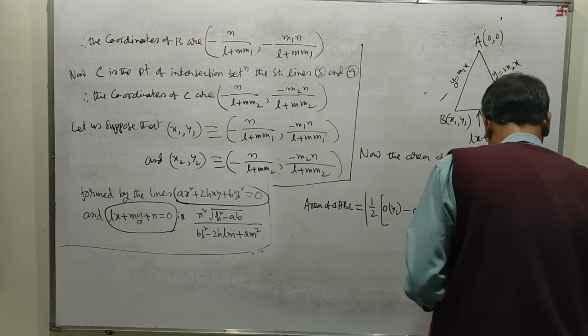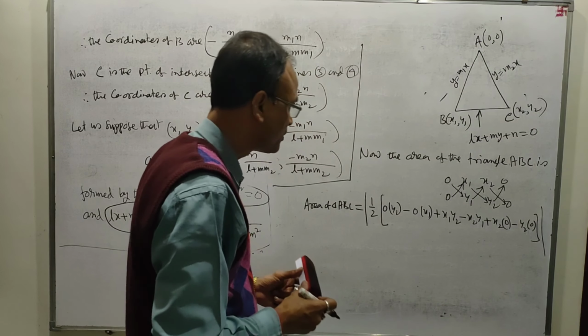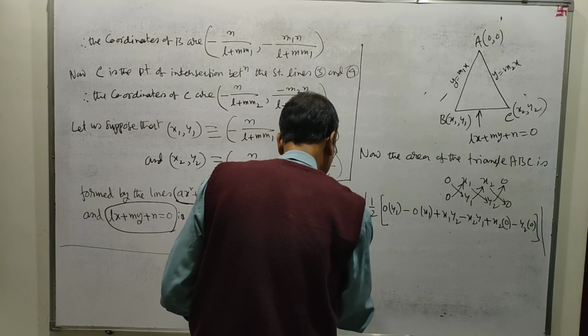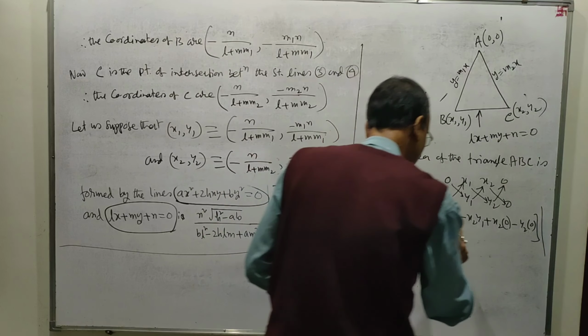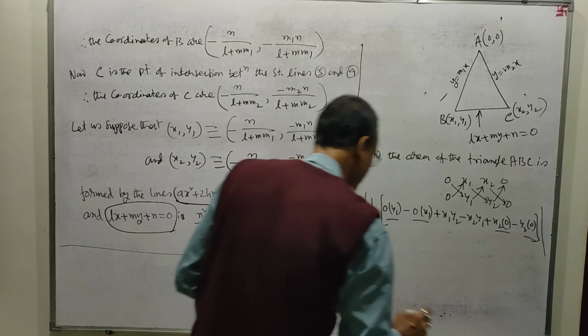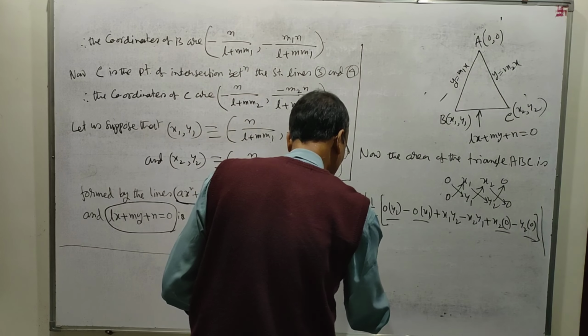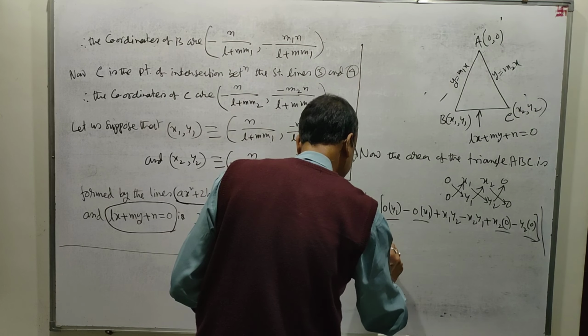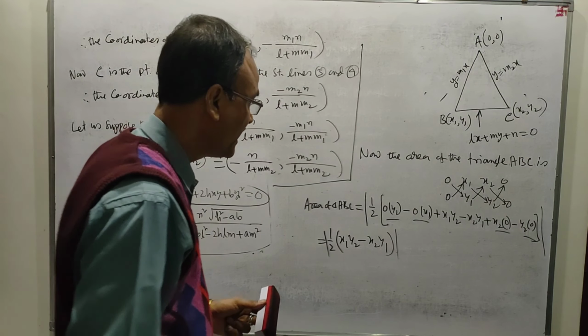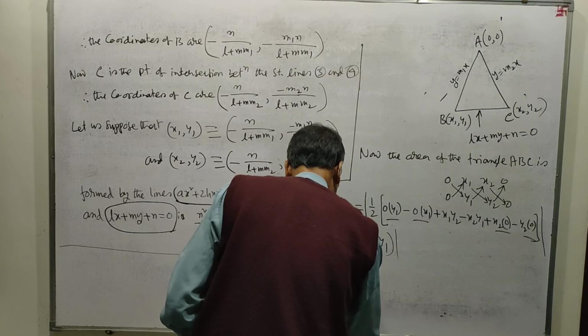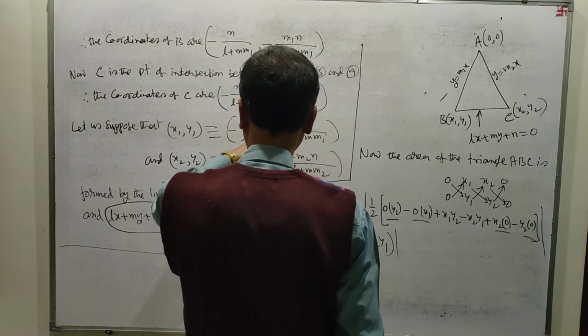We take the area as positive, therefore put the modulus. These two terms will be equal to 0, these two terms also will be 0. It will be x1 y2 minus x2 y1. What is x1?